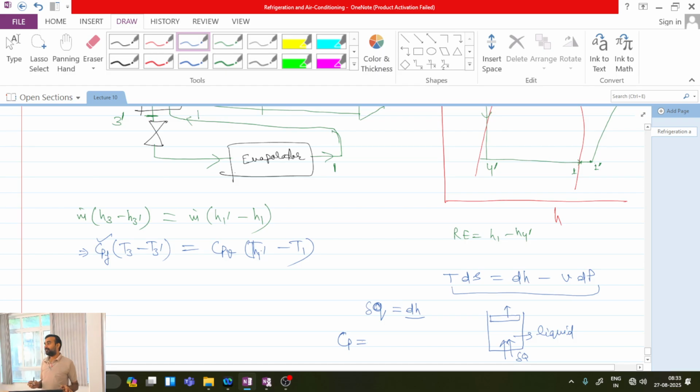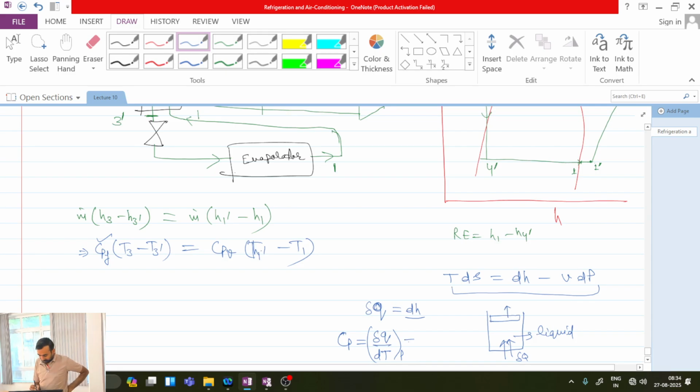The fundamental definition of the Cp is amount of heat required to raise the temperature of a substance by 1 degree. So it means under constant pressure condition, it will be nothing but delta Q by dT, amount of heat added per unit temperature at constant pressure condition.